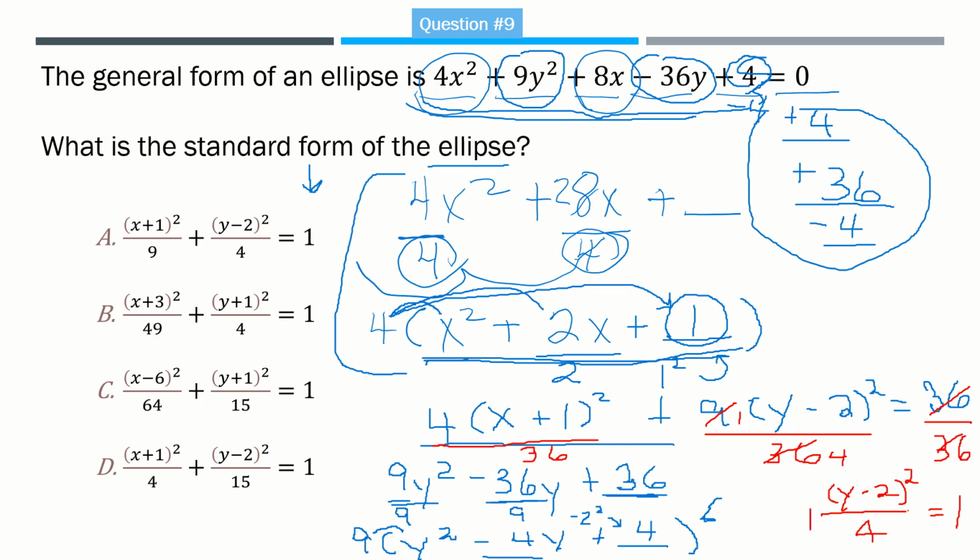Let's move over here. 4 goes into 4 once, and 4 goes into 36 9 times. So we have (x plus 1) squared over 9. And now if I look for that answer, I believe it's A. Let me double check. (x plus 1) squared over 9 plus (y minus 2) squared over 4 equals 1. So yes, that's the correct answer.